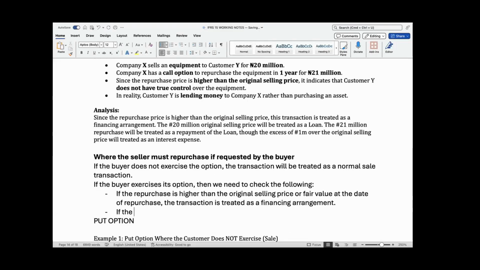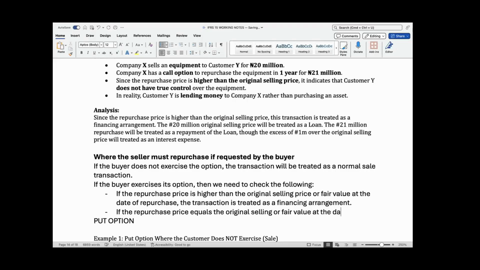But what you now have is, in this case, a situation where the repurchase price equals the original selling price or fair value at the date of repurchase.